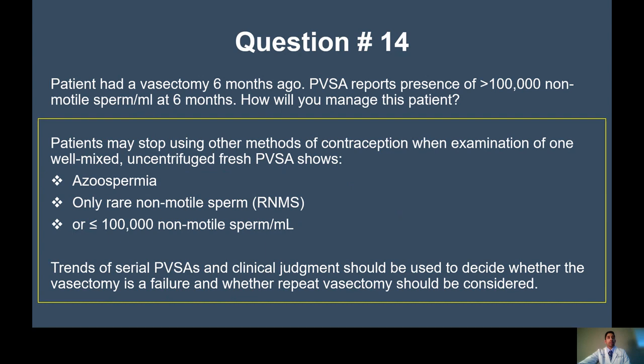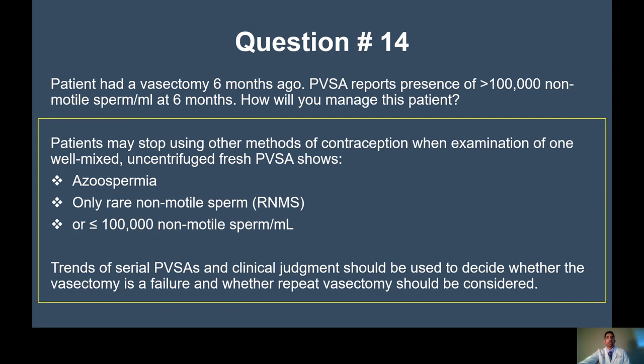So, per the guidelines, patients may stop using other forms of contraception when examination of one well-mixed, uncentrifuged, fresh post-vasectomy semen analysis shows the following: azoospermia, only rare non-motile sperm, or less than 100,000 non-motile sperm per milliliter.